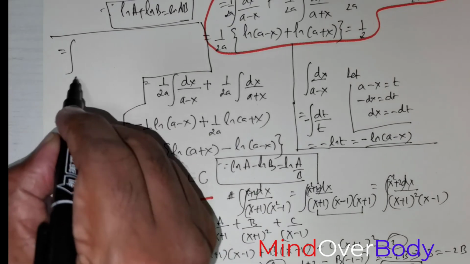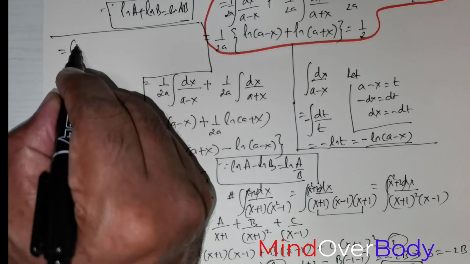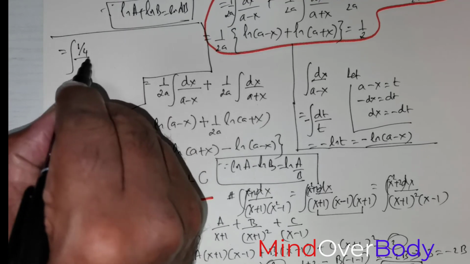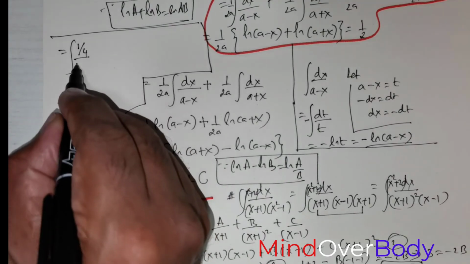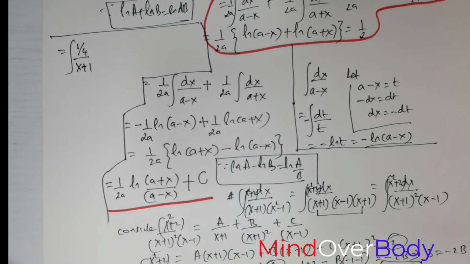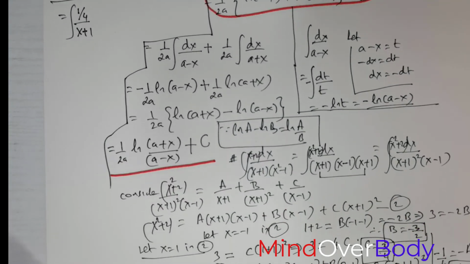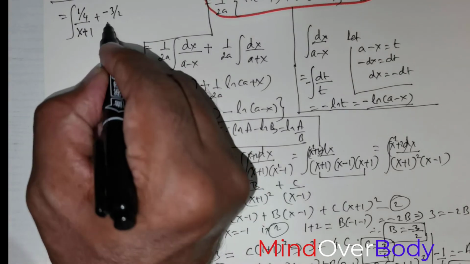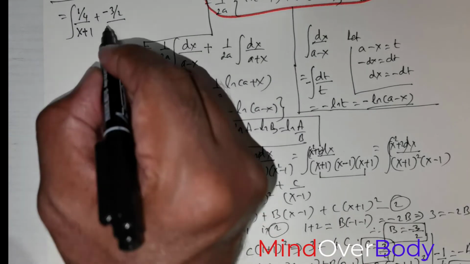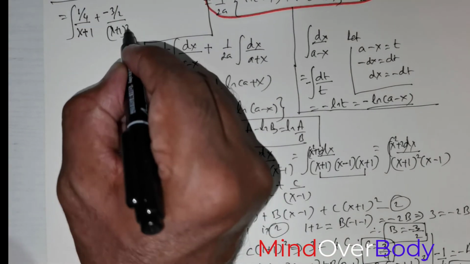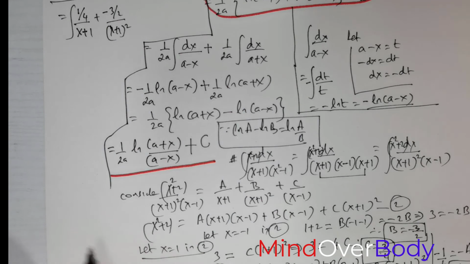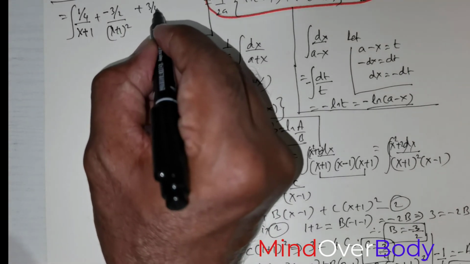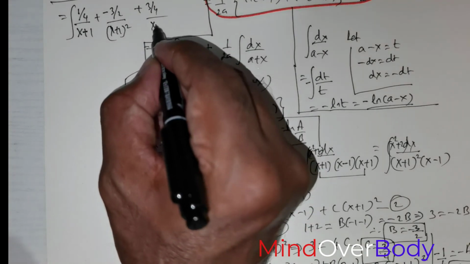So I'm going to start with the integral. So therefore the integral is going to be, my value of a is 1 over 4 divided by x plus 1, that's fine, and my value of b is negative 3 over 2, so negative 3 over 2 divided by (x plus 1) raised to the power of 2, and then the value of c is 3 over 4 divided by x minus 1.